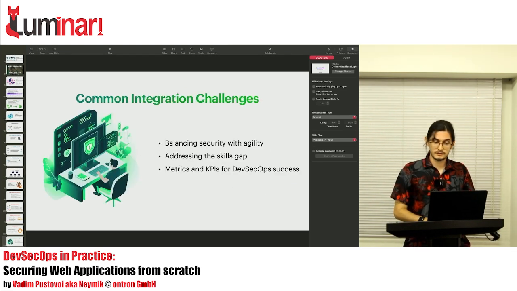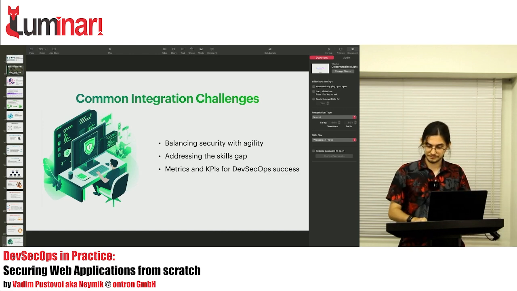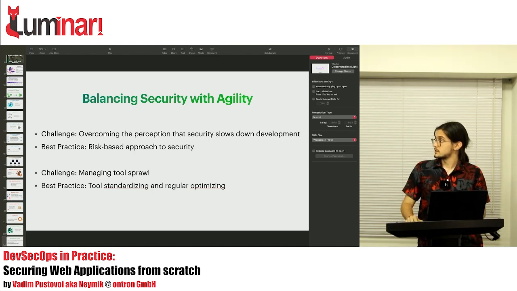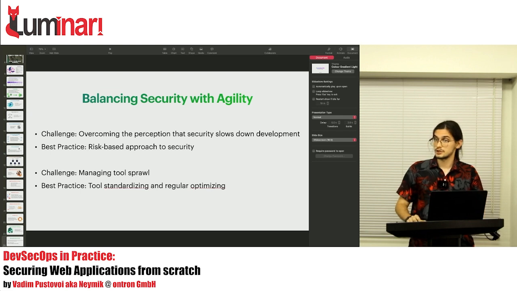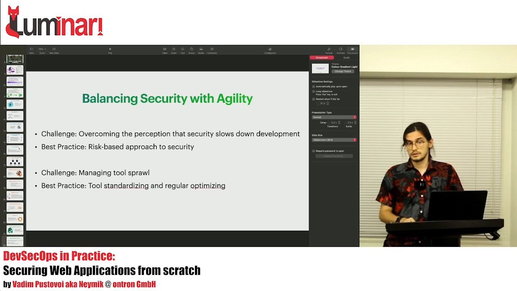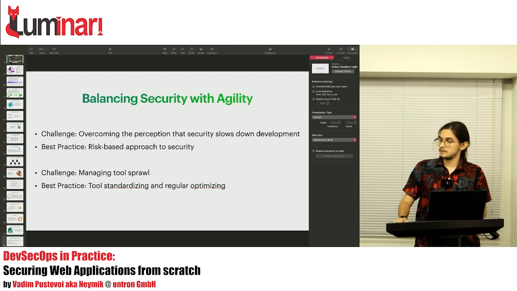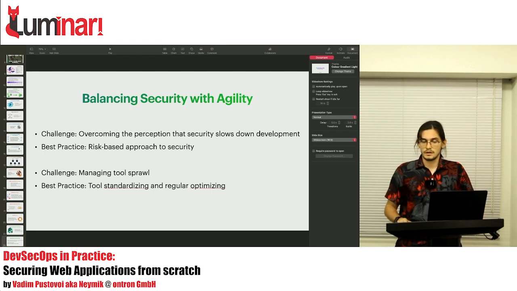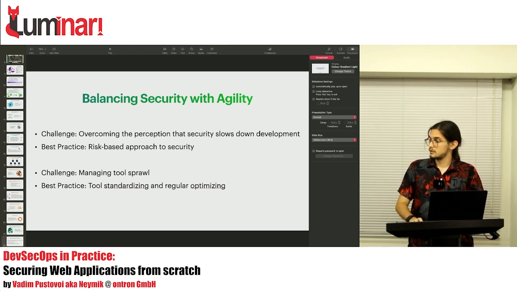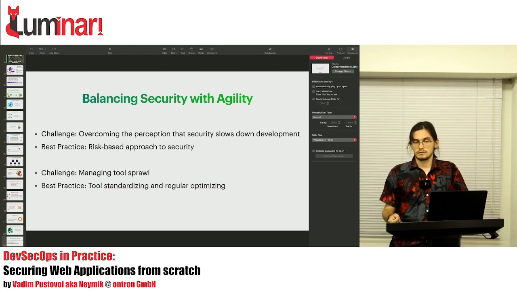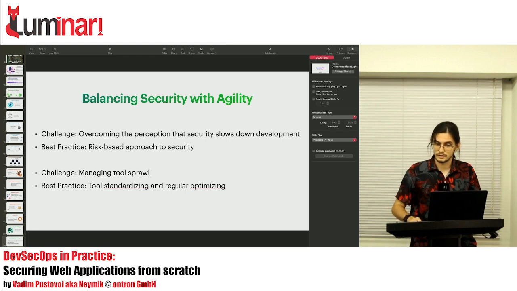Let's talk a little bit about common integration challenges. The first thing is to balance security with agility, because I thought that security can lead to big delays in software development sometimes, but we should also address that if we don't accept some of those delays, they may create very big risks for a company.